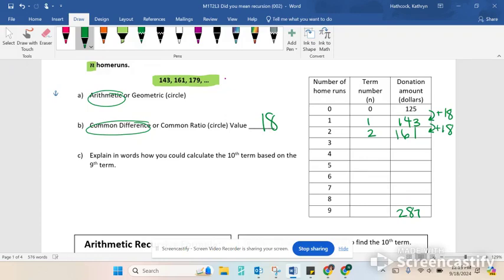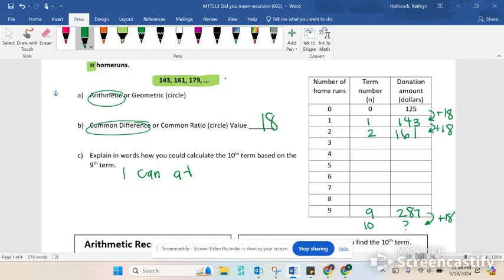Well, if you have the 9th term, that's this one over here, that's our 287, how am I going to figure out the 10th term? And I can hear some of you saying it. You're just adding 18 again. So I can add, that should say add, my pen is dying again. Well, hopefully you can follow along.